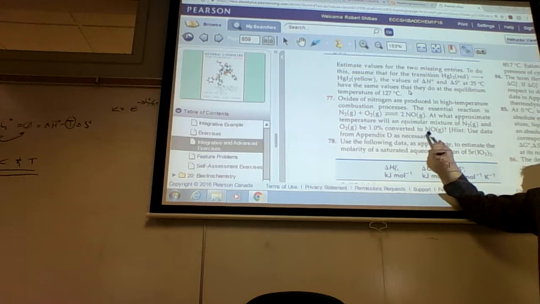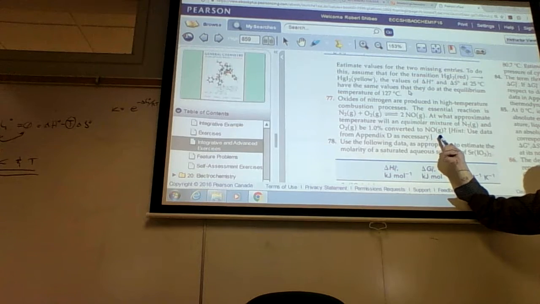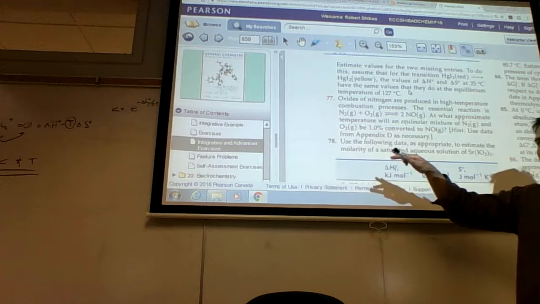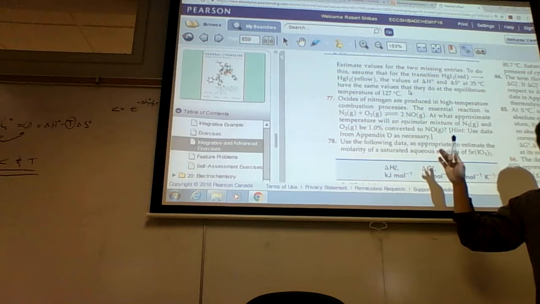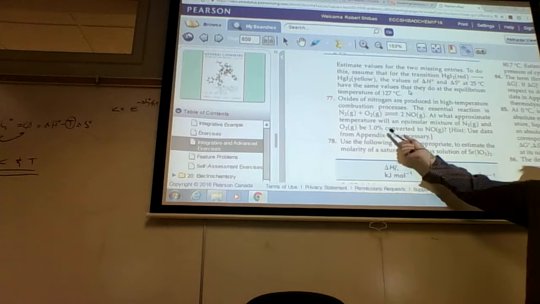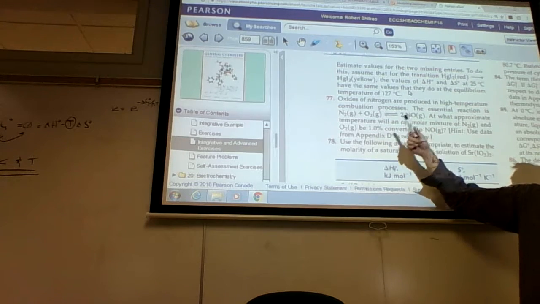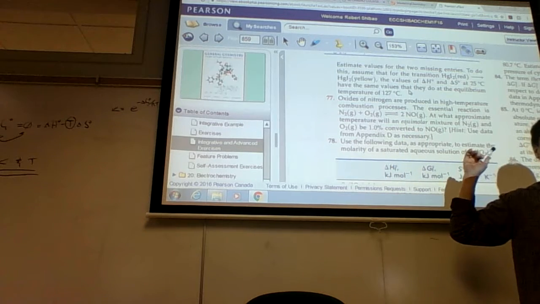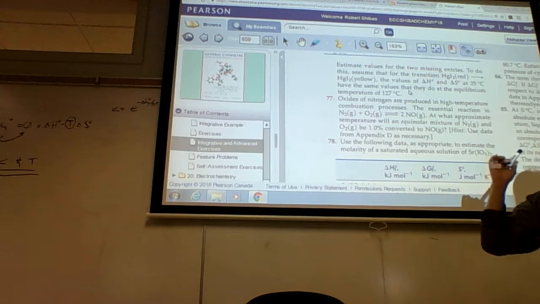We're going to try it by tweaking the temperature. The trick here is not necessarily delta G naught or delta G, because that's kind of tricky to do, but K gives us a way to do that, because if we convert this 1% over, then it's going to give us a certain ratio of reactants to products, and that's our target ratio, and that's what we're going to solve for.